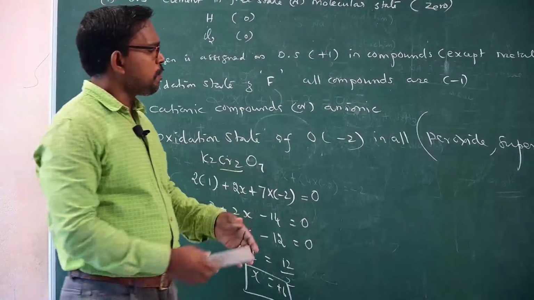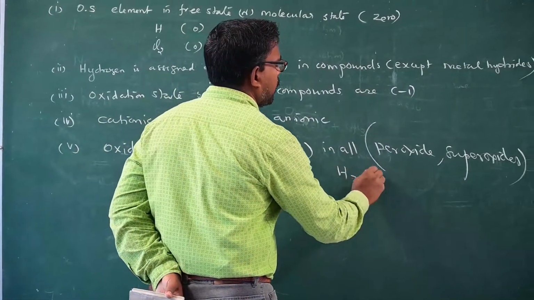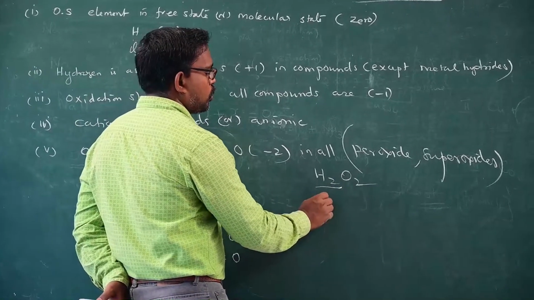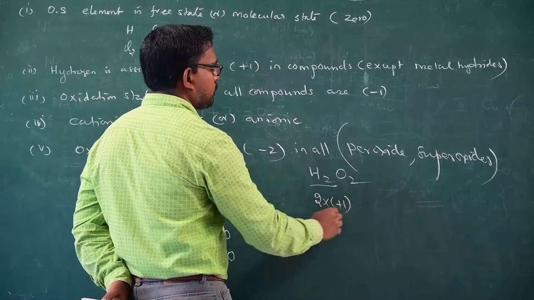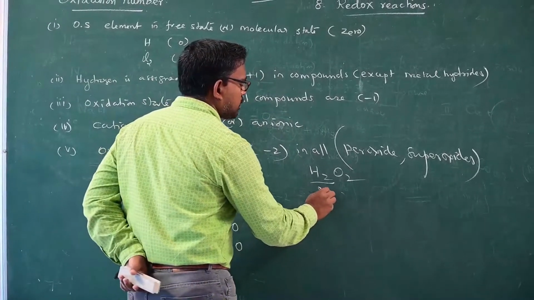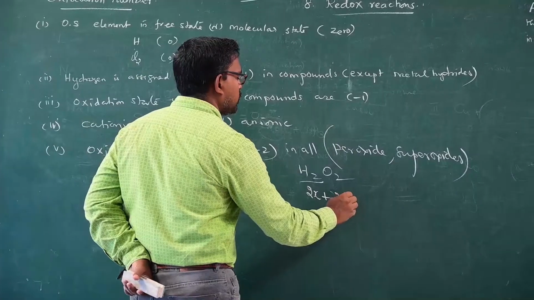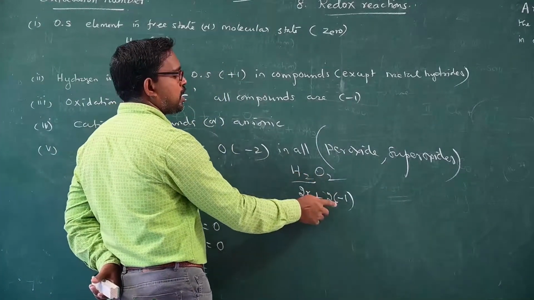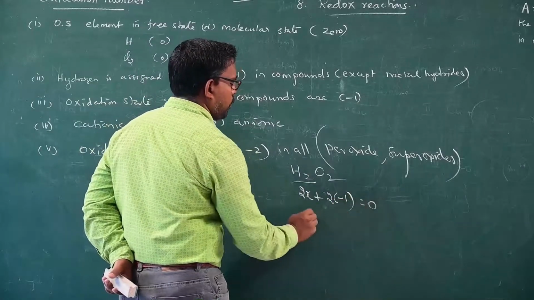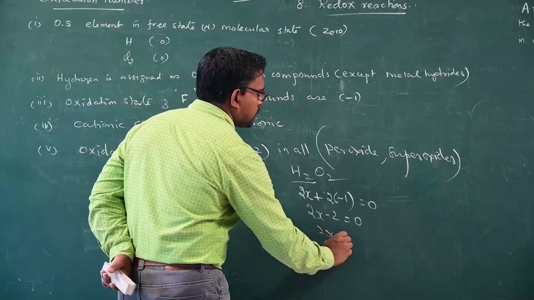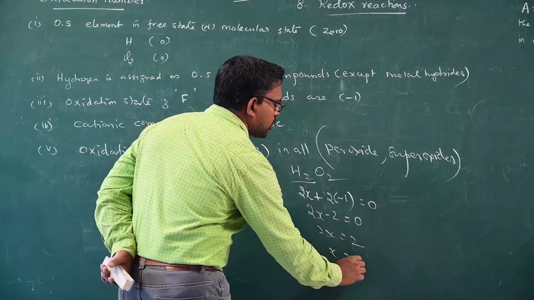Okay. In the peroxide, hydrogen peroxide, we assign the oxidation state of hydrogen. So, 2 into plus 1 plus 2x, where the oxidation state of oxygen in peroxide is X, equal to 0. 2 plus 2x equal to 0, 2x is equal to minus 2, X is equal to minus 1.